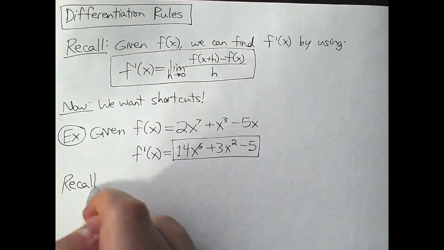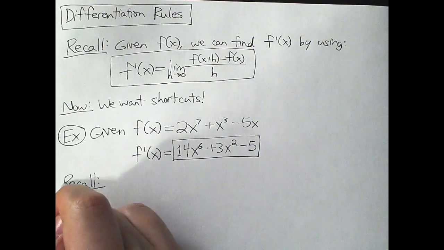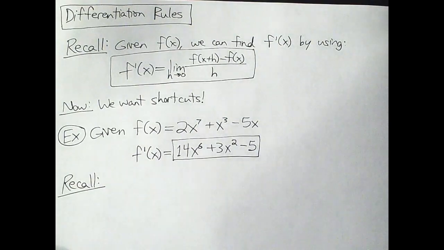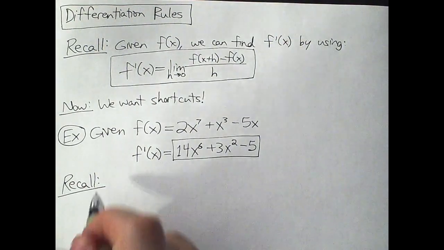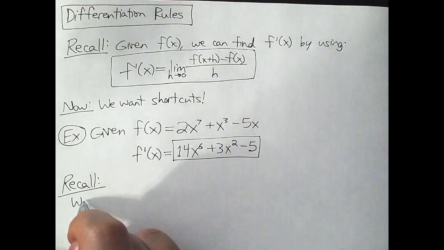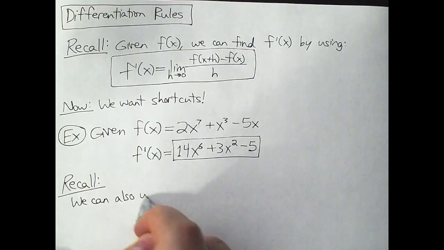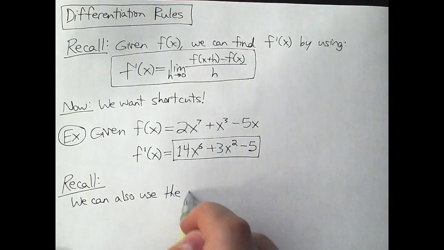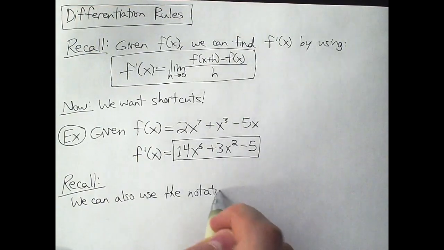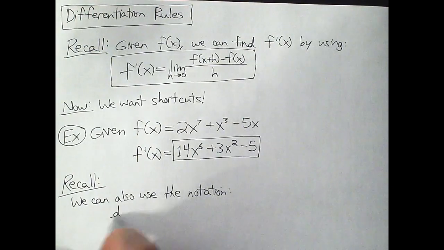Now, before we just list the shortcuts, let's build them up. We'll start small, and then we'll get there in this video. But I want to say, recall, we can also use the notation d dx.